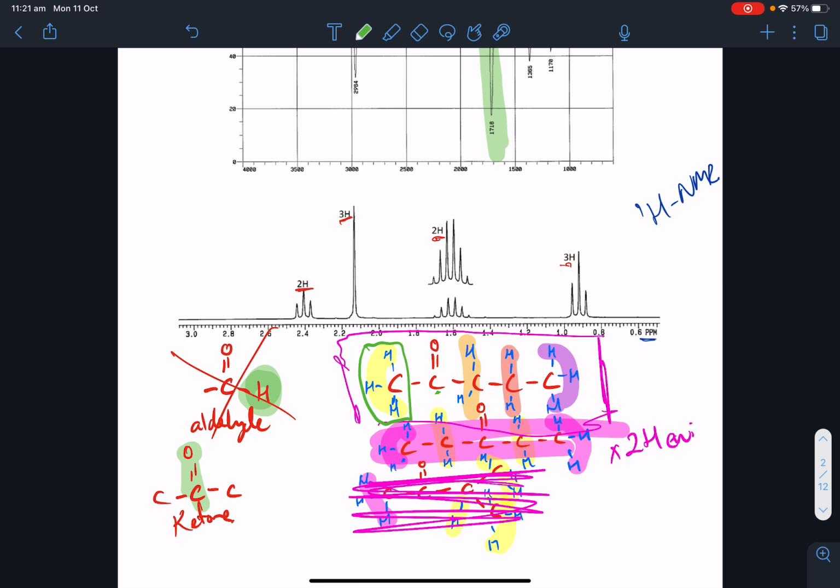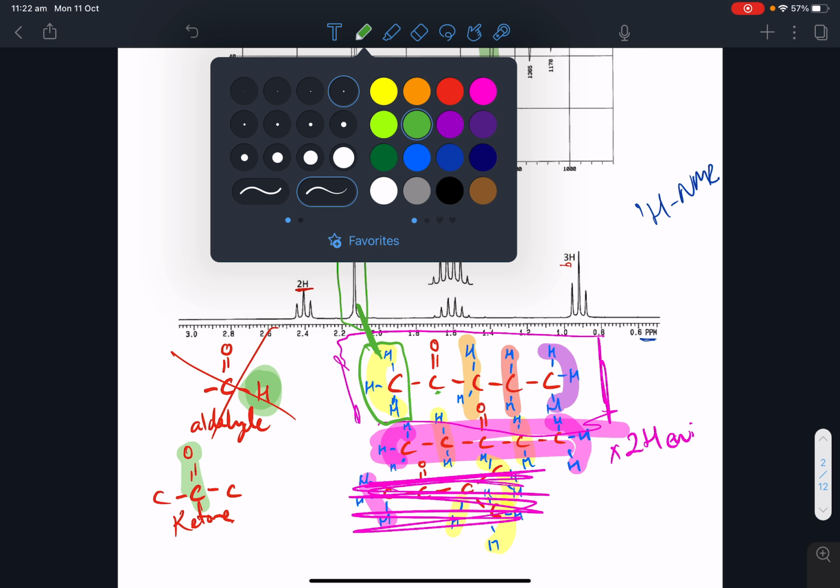Here we have 3 hydrogens in a singlet and the n+1 rule, 0 plus 1 equals 1. So this relates to this one here, okay? So that peak there. It's also downfield because it's close to the more electronegative atom there, which is the oxygen, okay? Swap colours. I know it's getting a colourful mess here.